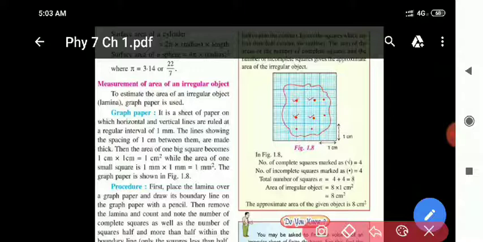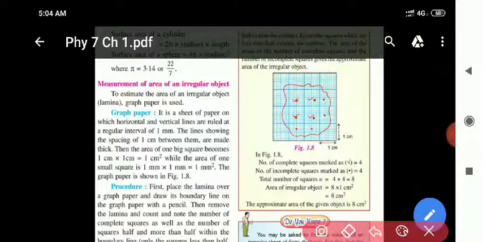Now identify the incomplete squares, that is, those with half or more than half within the outline, and we have to ignore the squares which are less than half. Now we have to sum the number of complete squares and the number of incomplete squares.